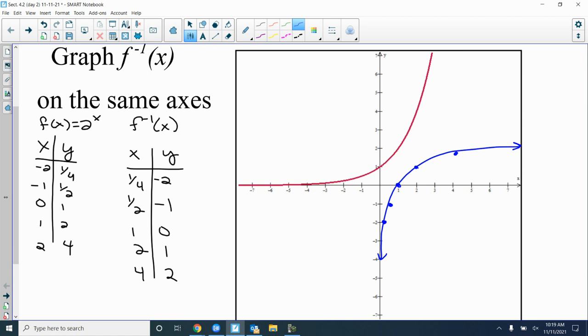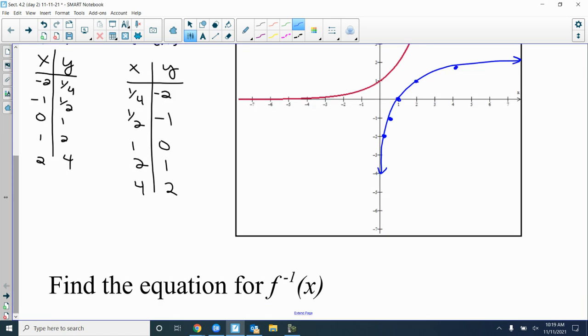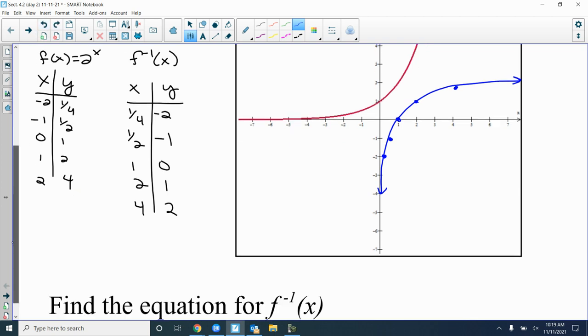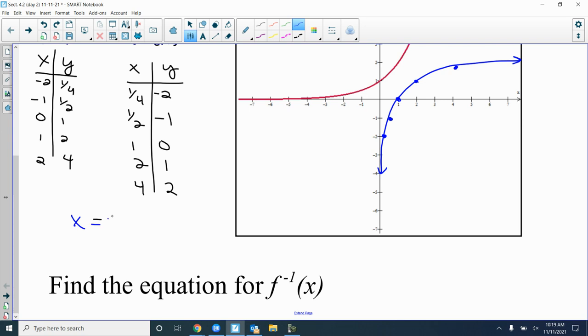And we said find the equation. Did we list what the equation is for that? Yes. What is it? y equals log base 2 of x. When you take this and you flip the x and the y, we get x equals 2 to the y, and we're asked to get y by itself.